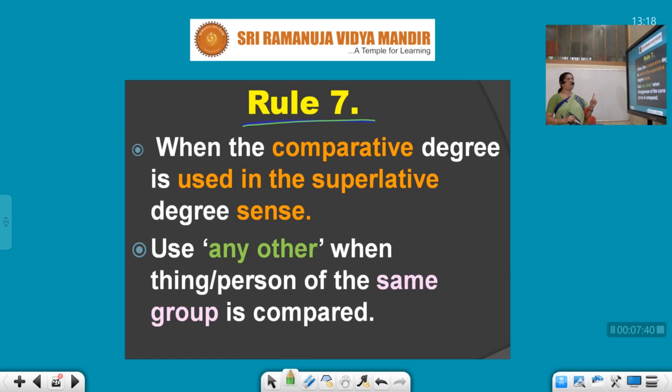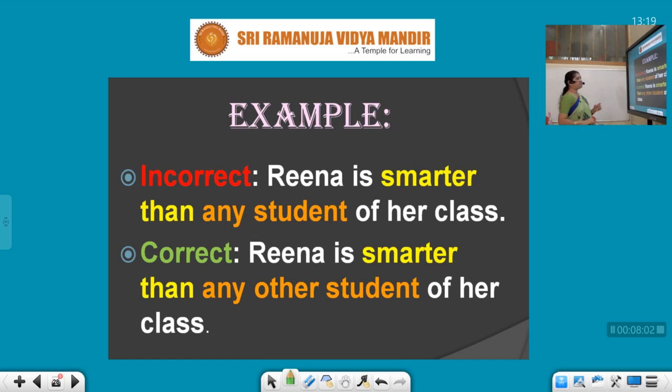Now, when a comparative degree is changed into superlative degree, you use comparative only when you're comparing two things. But that will be a comparative, that means ER. Adding ER or more, which is a comparative, you will use it in a superlative sense. We'll see the example, students. Reena is smarter than any other student in her class.